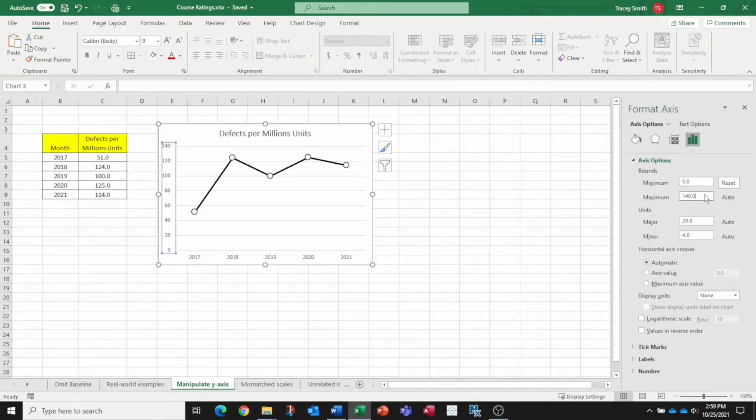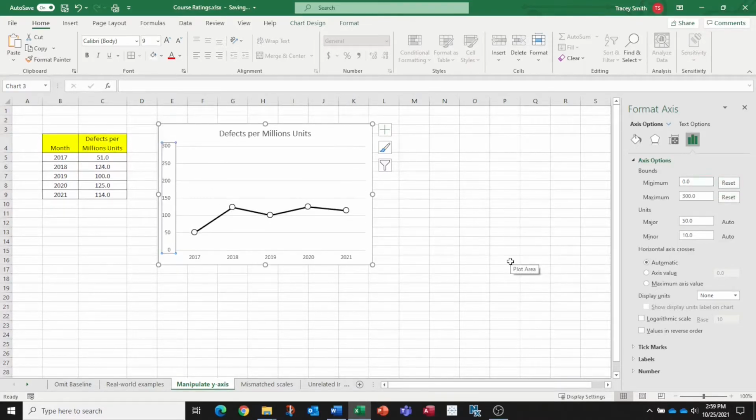If I format that axis and I say, you know what, let me plot that up to 300, it squashes my line, and now the vertical distance for this increase that we see, which you can see it's more than doubled the number of defects between those 2 years, that increase doesn't look as substantial as it did before.